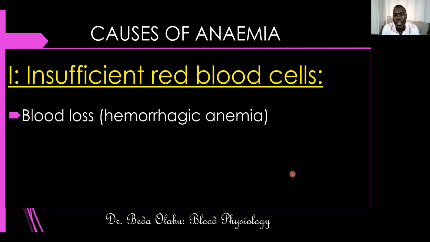It could be that someone has ulcers which have ulcerated and so are puncturing a blood vessel, so they're bleeding slowly. It could be someone has a tumor on the GIT, like let's say colorectal cancer, that is bleeding, and so that also can cause anemia. Or it could be that they're just hemophilic.